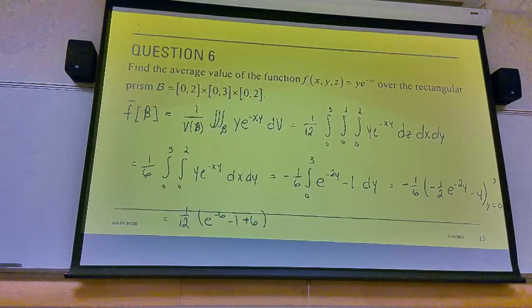Right. Yeah, that's right. Five plus e to the minus 6 all over 12, and if you don't like negative exponents, 5e to the 6th plus 1 all over 12e to the 6th.